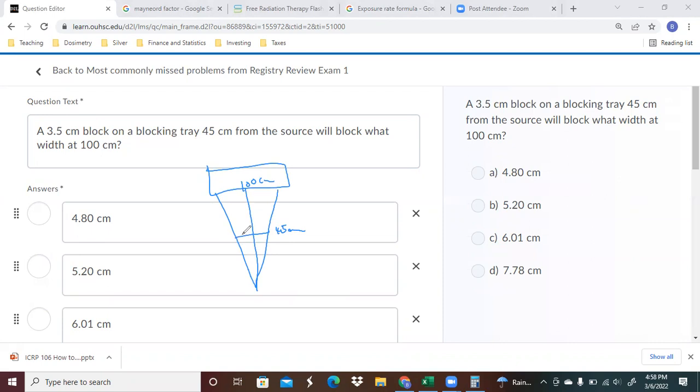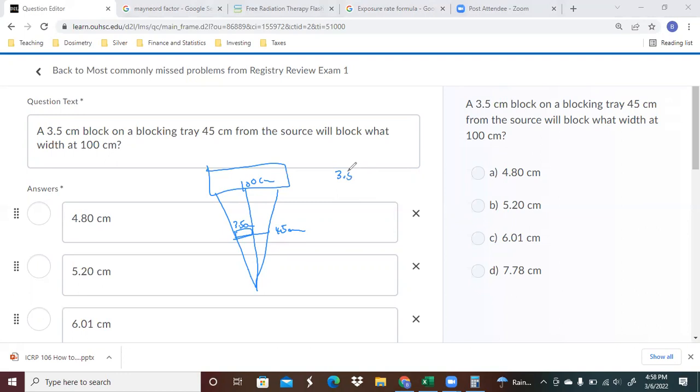So there's a block in here, and I'm just going to put it on this side to kind of help with things. That side there is going to be 3.5 cm. The question is, how much does it block over here? This is another similar triangle argument.